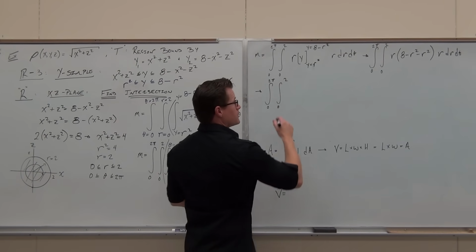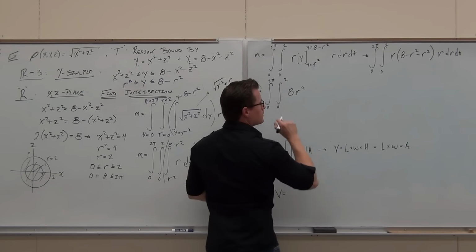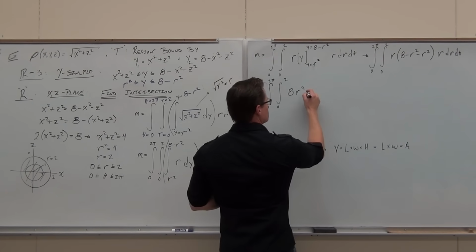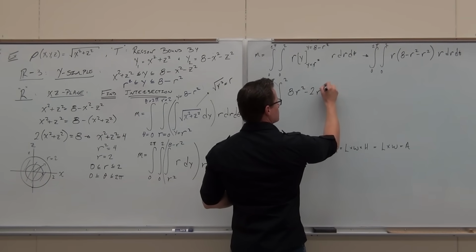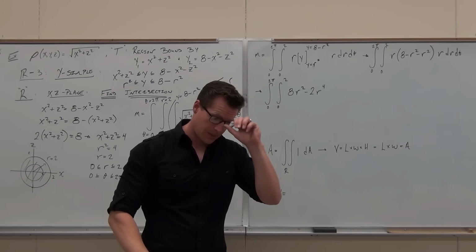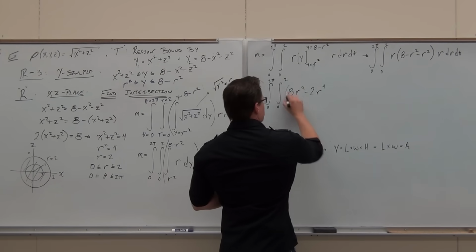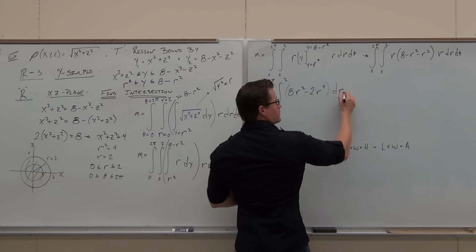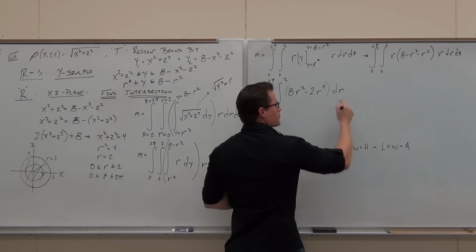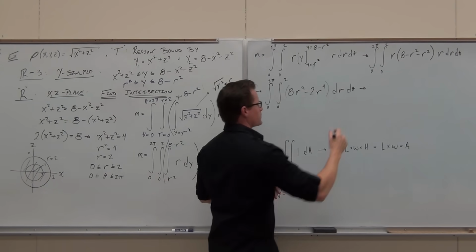Looks like we have 8r squared minus 2r to the fourth. I believe I did it right. Double check me though. Did you guys get the same thing? Now we still haven't even integrated with respect to r yet, but we have cleared out that r, that's r squared, 8r squared minus 2r to the fourth. And then we do the dr d theta. And it's pretty basic from here.